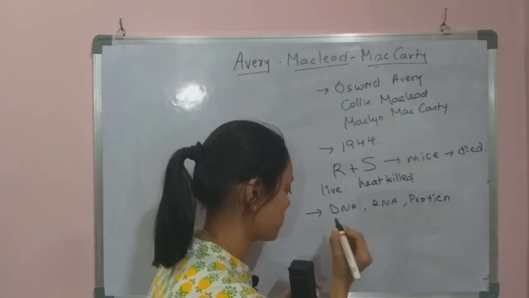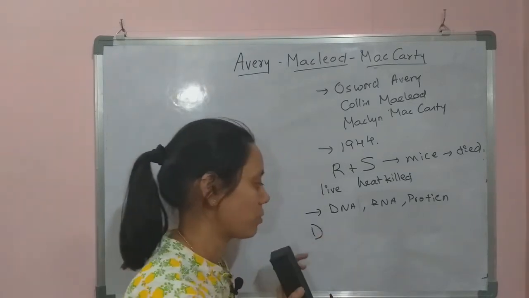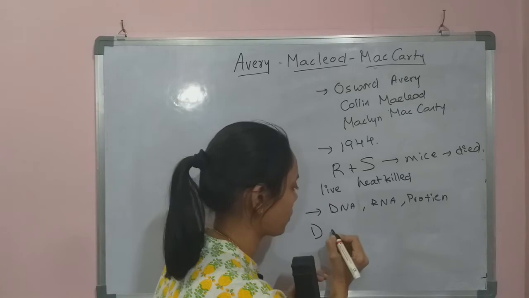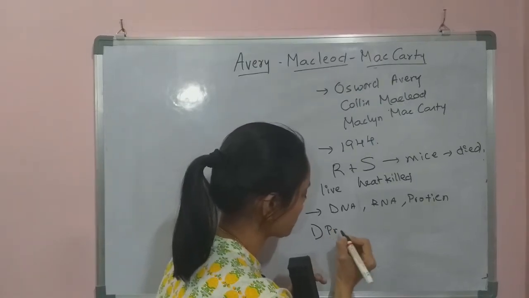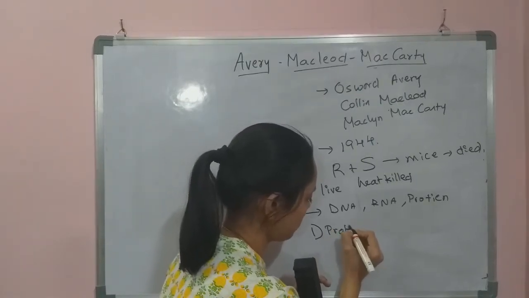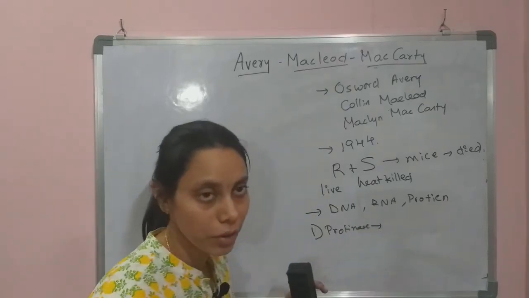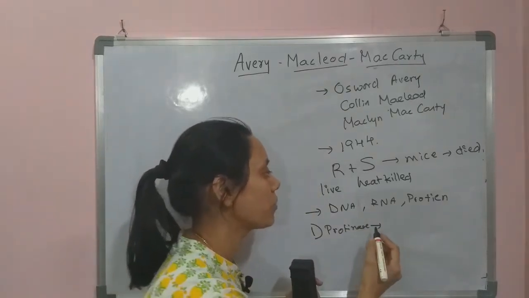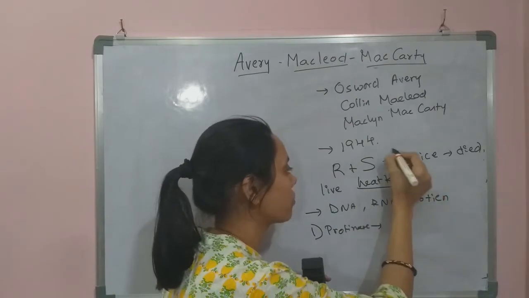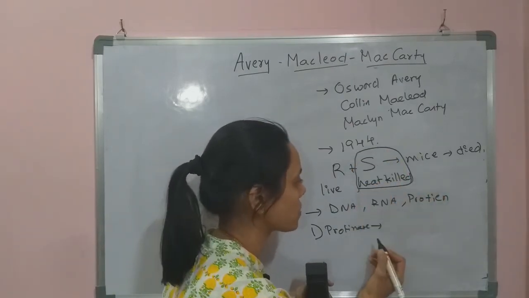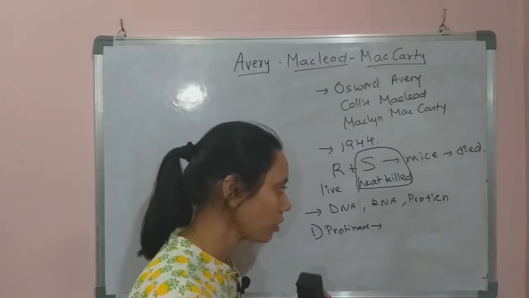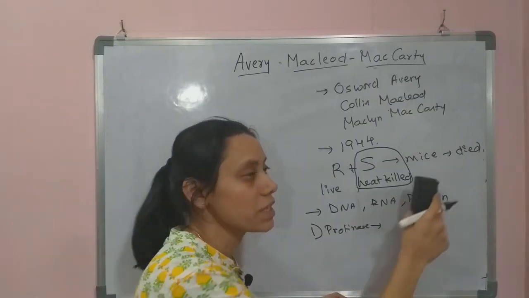In the first experiment they used proteinases, which are enzymes that destroy protein. They treated the heat-killed smooth strain with the proteinases, and they showed that the mice still died.